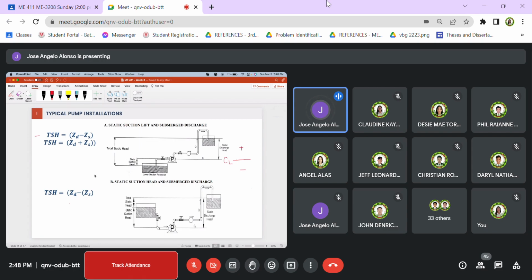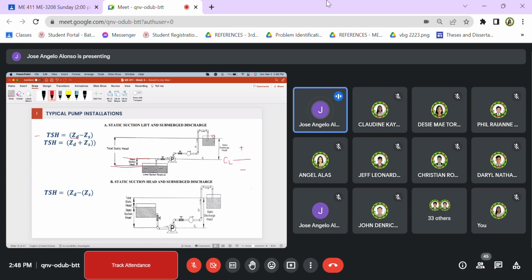So given this problem or given this example letter A, static suction lift and submerged discharge. So the static discharge head is positive kasi above siya sa reference line. So ito siya, it will be positive. We won't change any sign here kasi positive na naman talaga siya. Then the static suction head naman is below the reference line. Kung ito yung reference line natin, at ito yung elevation ng ating water.